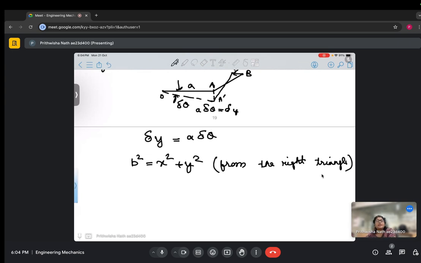Now we can simply differentiate this equation. So what will it be? This side will become 0 since it's a constant, giving 2x delta x plus 2y delta y.